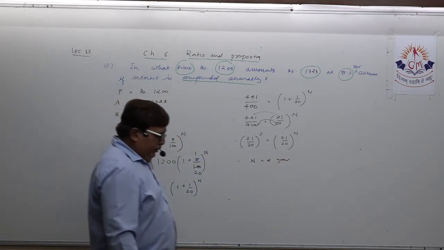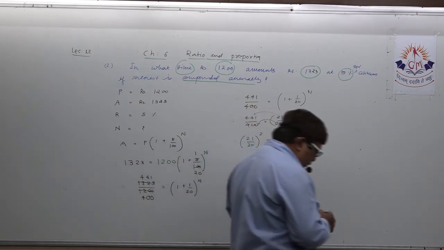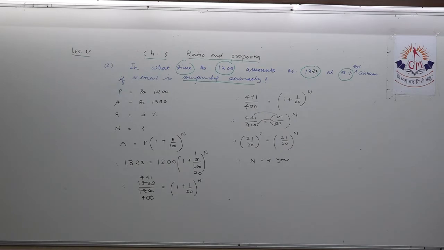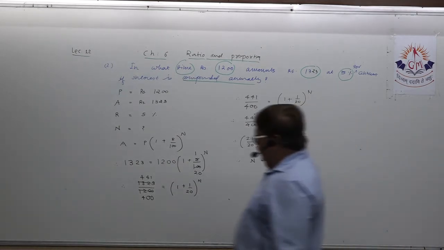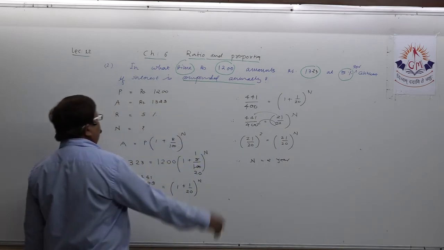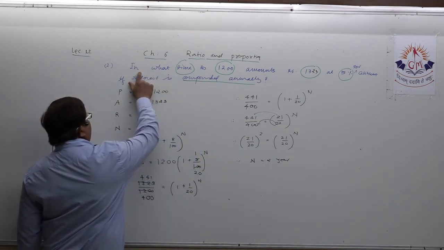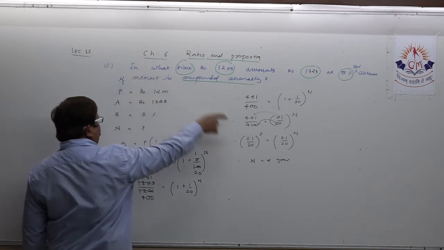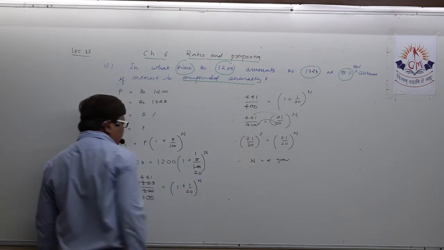After you get n equals 2 here, you have to write your last statement. You will write your final statement in this way: in time period of 2 years.